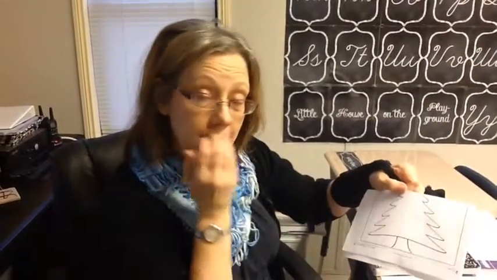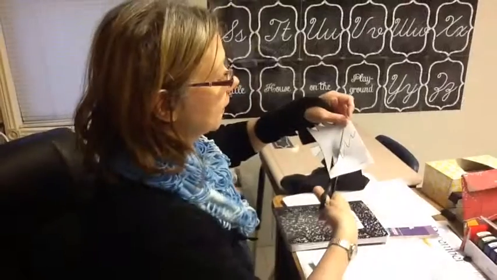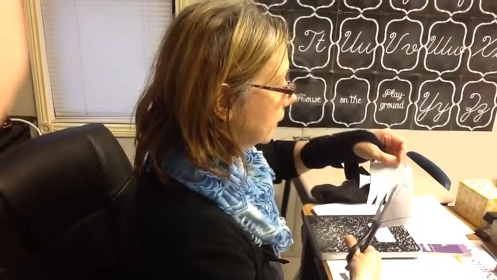After you've colored it, done some ornaments, you're going to get your scissors and you're going to cut it out. I'm showing you as I'm finishing up. I have started here at the top, and I've gone around the dark black lines.